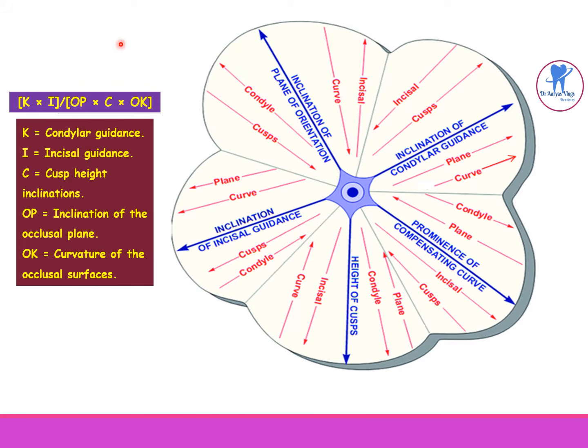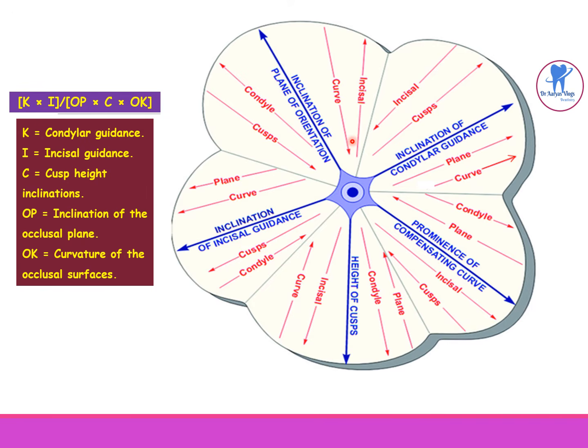So according to this formula, K into I by OP into C into OK, that is condylar guidance into incisal guidance by cusp height inclinations into inclination of occlusal plane into curvature of the occlusal surfaces.